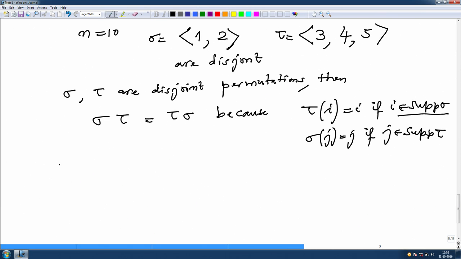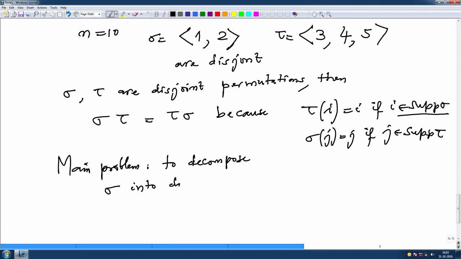So, now we want to decompose. The main problem is to decompose sigma into disjoint cycles. What does that mean?